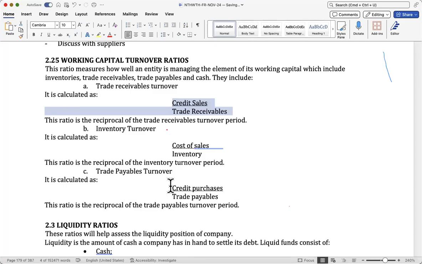The only one that makes sense is inventory turnover, which is how many times you're able to turn over your inventory.